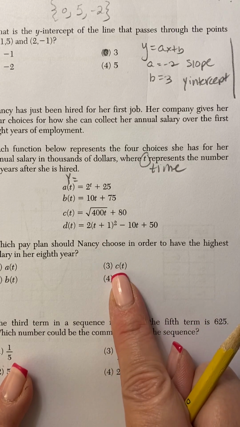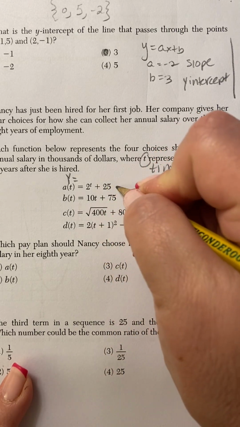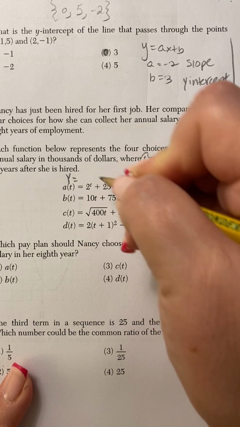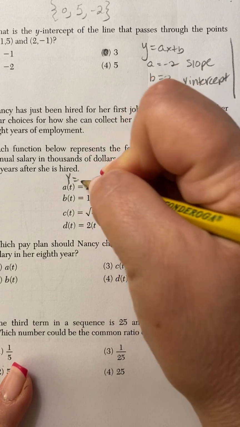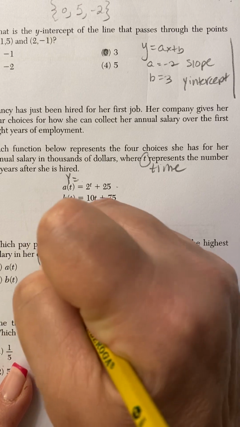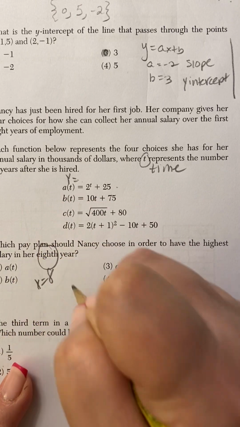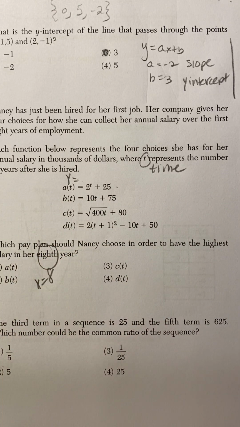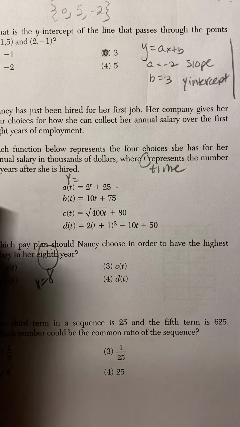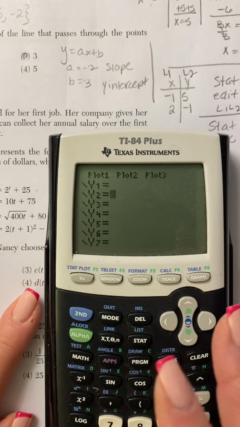All right. So what we're going to do is put each one of these choices into our calculator in y equals, see what happens at 8. Okay. When X is 8, 8 is your year, X is time, and we're going to compare all of our answers. So I'm going to go to y equals and just start typing very carefully.